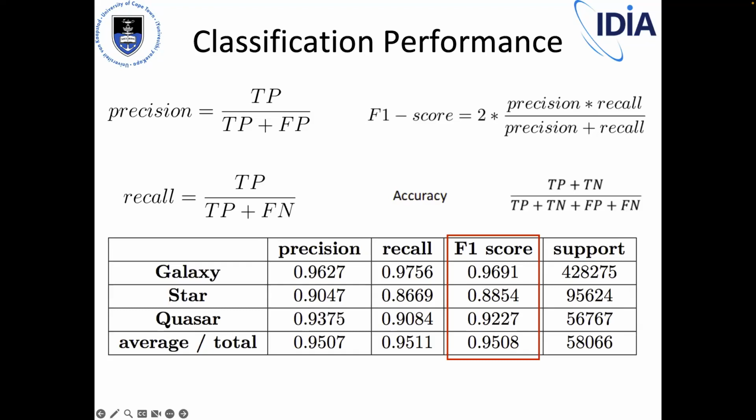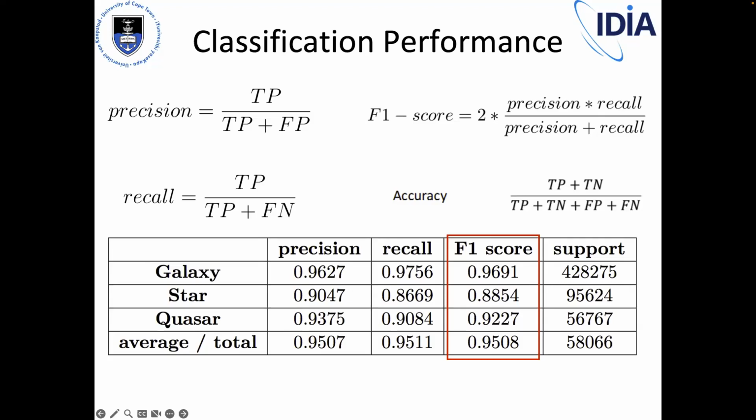F1 score is a combination of precision and recall. And accuracy is a slightly different definition that tries to bring together both precision and recall. These are useful terms to bear in mind when you read any machine learning paper. Although astronomers try to bridge the gap and use more astronomically classic terms, these are almost invariably better to use because they're precisely defined.